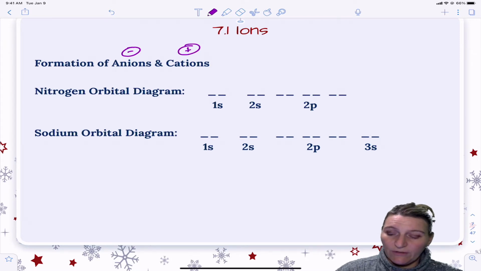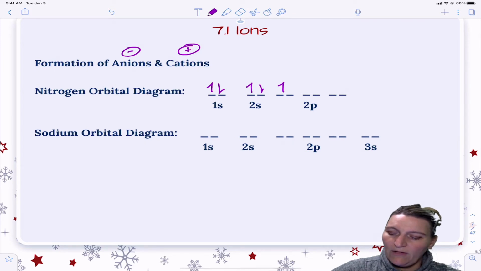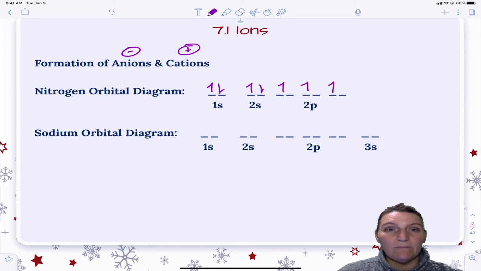So the first thing we're going to do is take a look at nitrogen. And I'm going to use 2 different colors here so that we can maybe better understand what's going on. So nitrogen's configuration is 1s2, 2s2, 2p3.